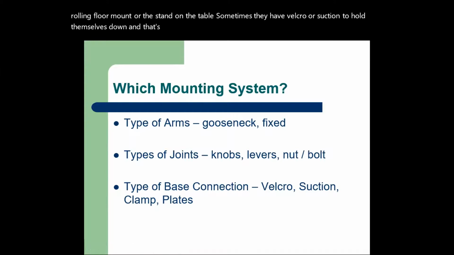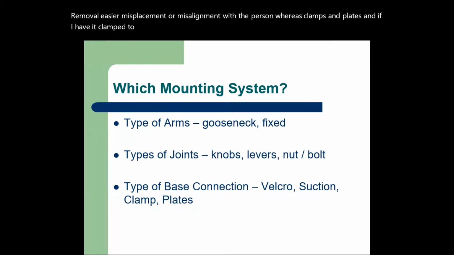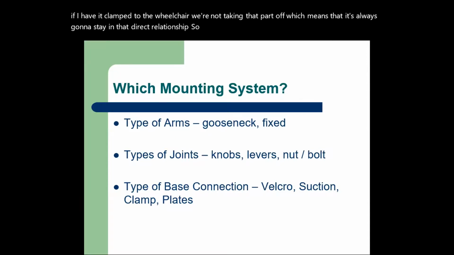Other times we use a clamp. Velcro or suction obviously is subject to easier removal, easier misplacement or misalignment with the person, whereas with clamps and plates, if I have it clamped to the wheelchair, we're not taking that part off, which means that it's always going to stay in that direct relationship. So depending on who I'm working with and what their motor skills are, I can change my base connector.